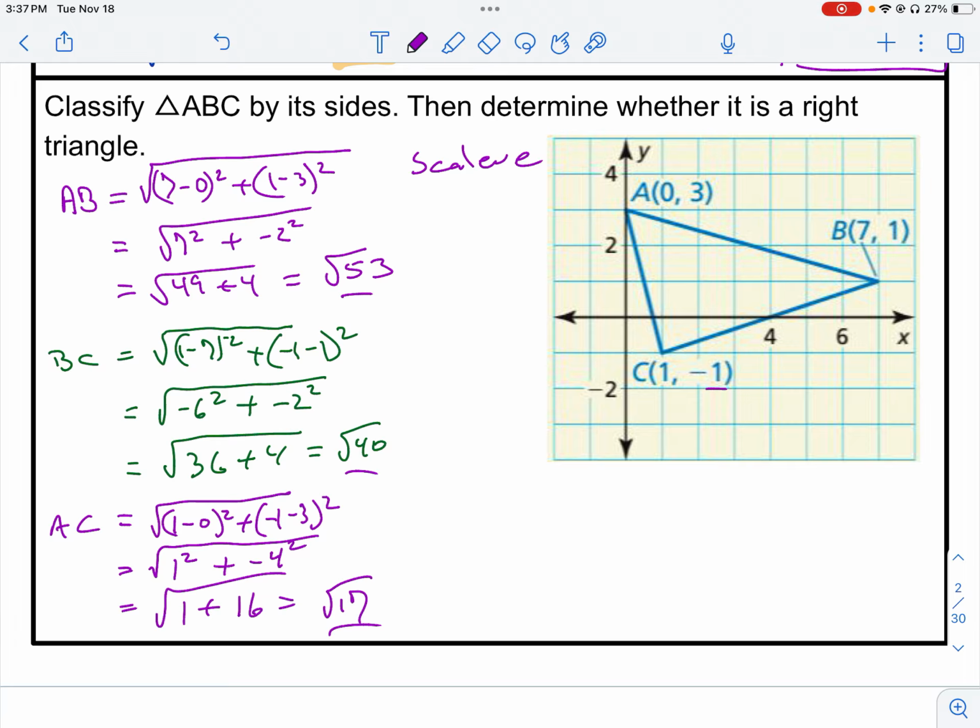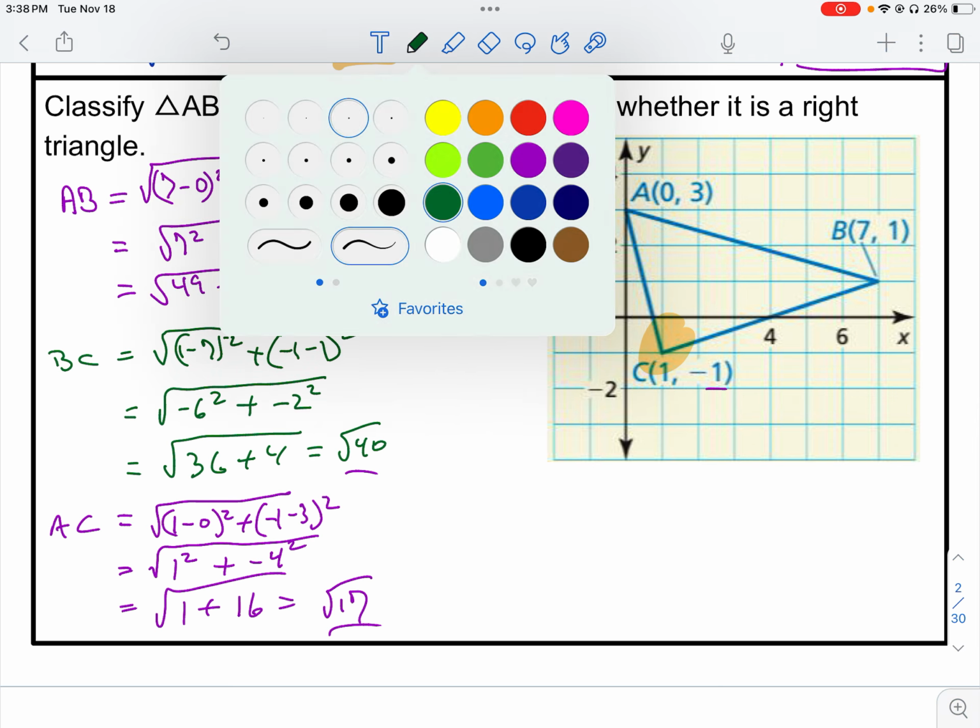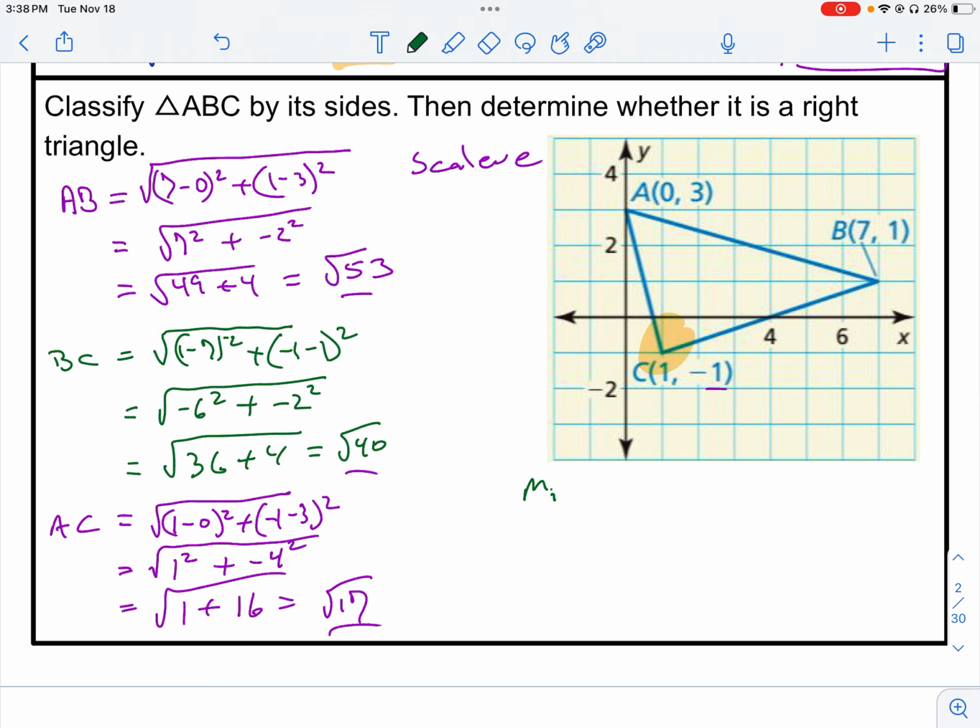Now let's determine, is it a right triangle? Once again, this is my most likely culprit to be right. So let's do these two lines and see what their slopes are first. We're going to do the slope of BC.